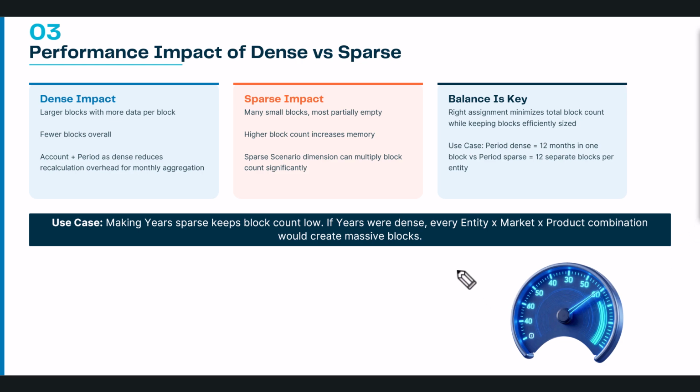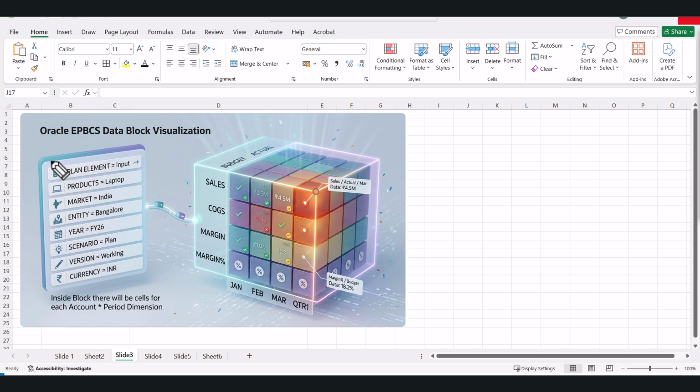So when it comes to sparse dimensions, it works very differently. Every unique combination of sparse members creates its own separate block. As you can see here, this is one single combination of sparse dimension members, right? So this has one block, and this block has cells for the dense dimension combinations, that is account and period, right?